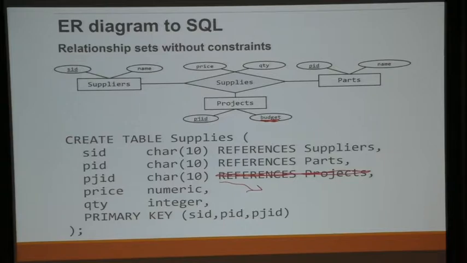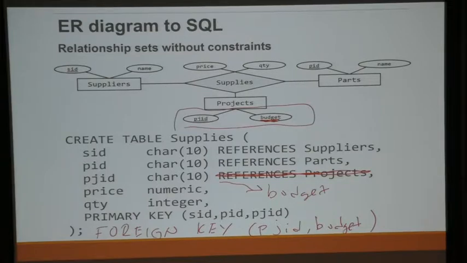We just add the budget. And then the foreign key constraint, we capture it outside using a table constraint. So you have foreign key, the pair, which is PJID and budget, that references both of them. Right? So, any questions?